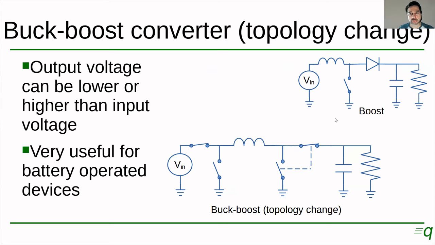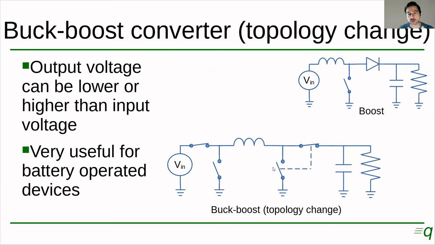And again, we do the same trick. This switch is going to be performing the same function as this one, and we replace the diode with another switch. So when the switch closes, we have a path over here through the coil to ground, right? And that's exactly the same that happens when this one closes, right? So we have a path through the inductor to ground.